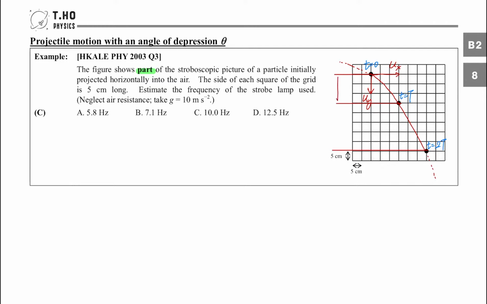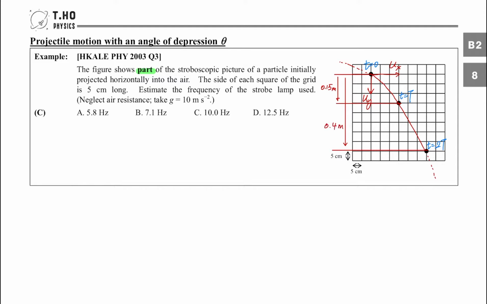So the particle has moved down 3 boxes, that is 0.15 meter, within 1 period of the stroboscopic flash. And the particle continues to move down, and at the time when it is 2T, the particle has moved 0.4 meter.